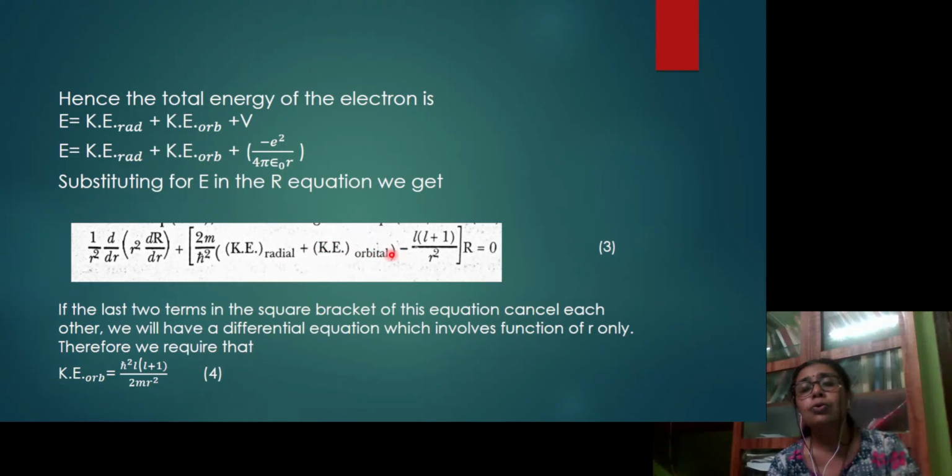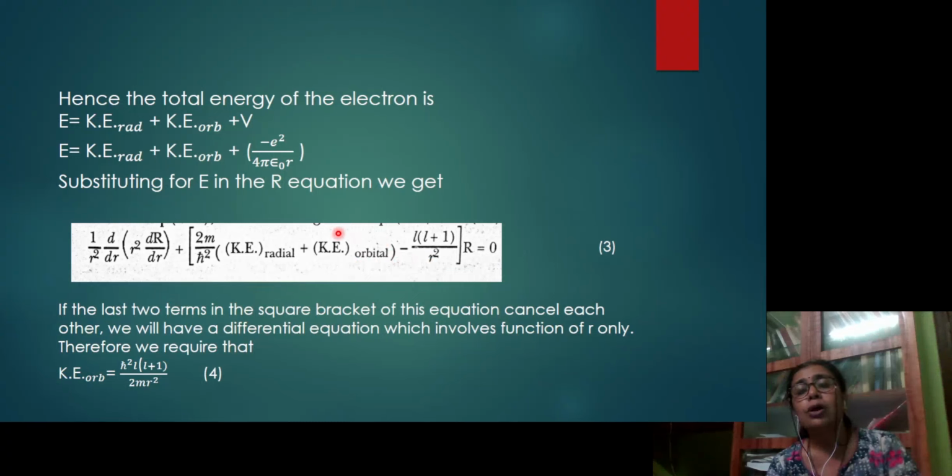If we want this equation to represent an equation in the r variable, then we have to get rid of this term. How can we get rid of it? This equation will contain only r if these two terms are equated, because this is the only negative term.